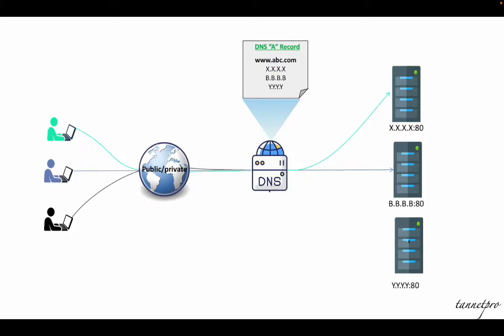Because of any reason your server might fail, but still your user request will be forwarded to that particular failed server, because your DNS doesn't have any mechanism to monitor whether your server is up and running, or whether your server is running the services.